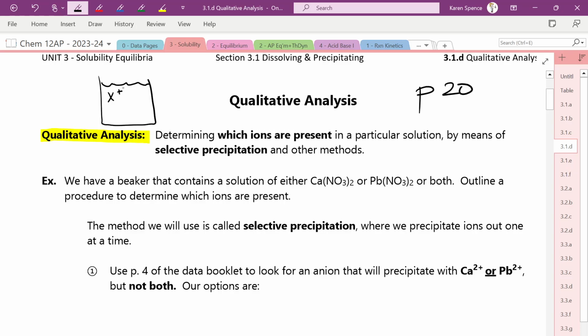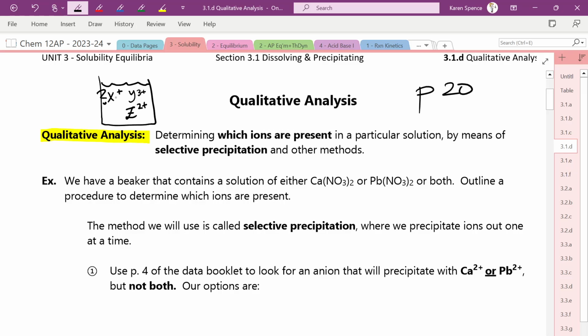Probably not just plus. And you'll be like, I know my solution contains one or more of those, and I have to figure out which ones. Okay, that's what qualitative analysis is all about.